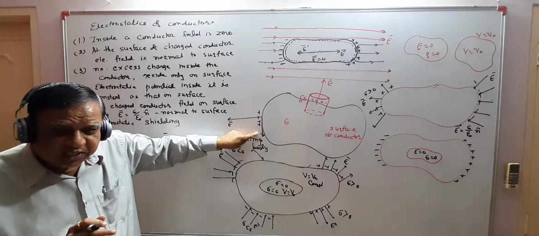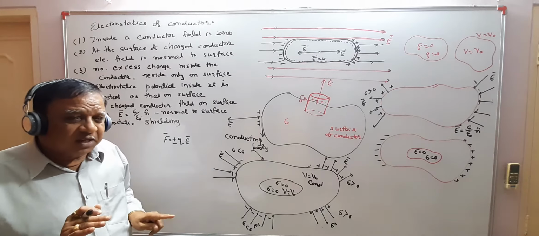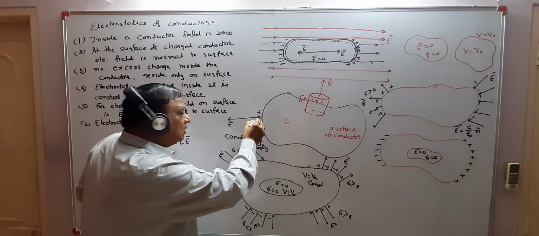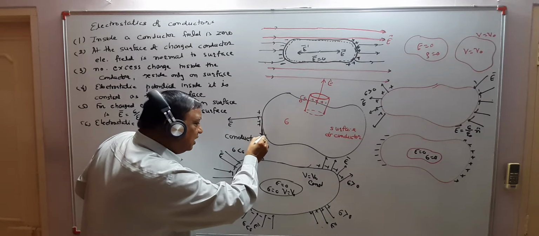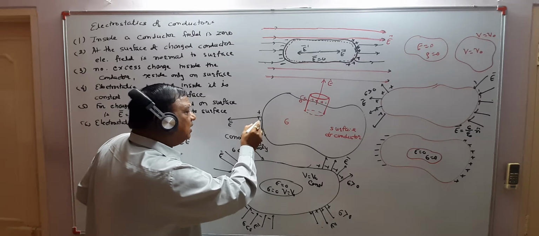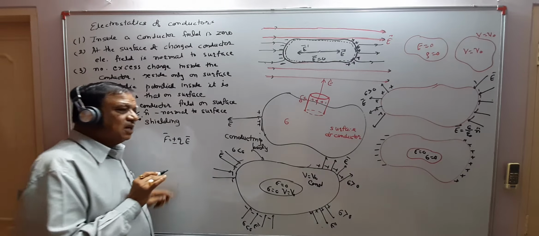No force is acting, otherwise there would be current, but there is no motion of charge. So we can say there is no component in the direction of the surface. So the electric field must be normal to the surface at any point.